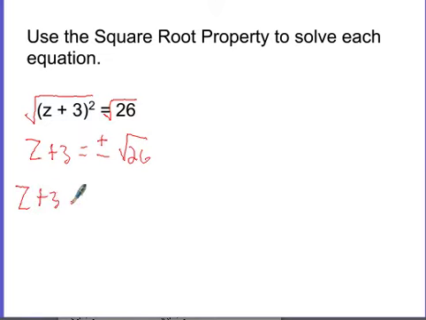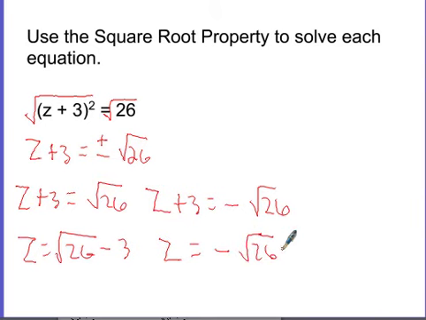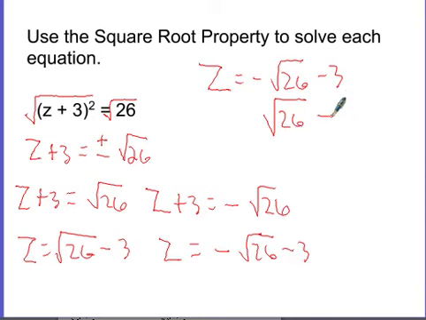So z plus 3 equals the positive square root of 26, which means z equals the square root of 26 minus 3, and z plus 3 equals the negative square root of 26. So z equals negative square root of 26 minus 3. Okay, so your final solution: z equals negative square root of 26 minus 3 and positive square root of 26 minus 3.